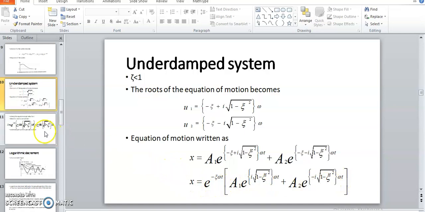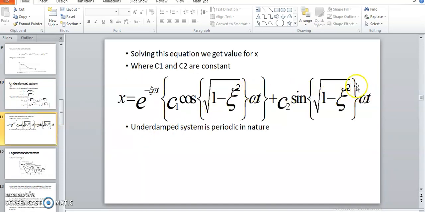Put this e raised to ix value, simplify it, and after simplification you will get the final equation in terms of a cos term and a sin term. Now here we introduce one more term, the damped natural frequency.